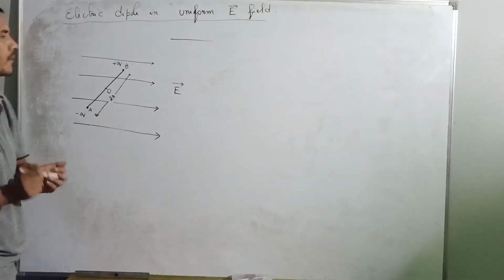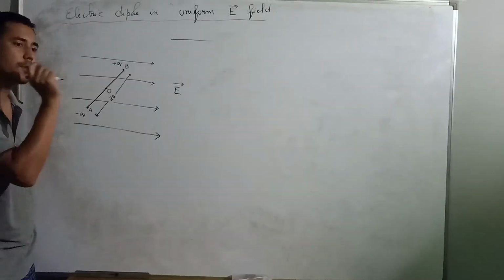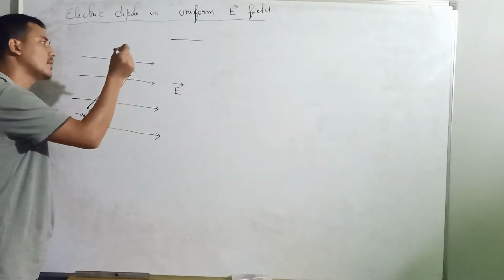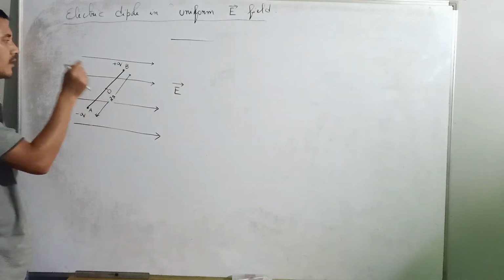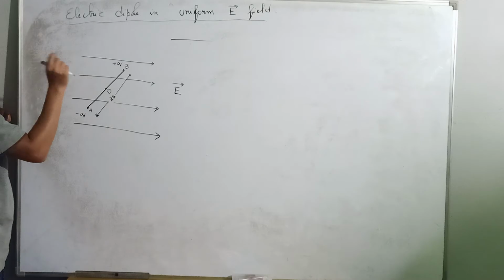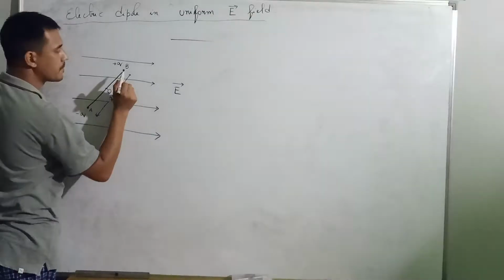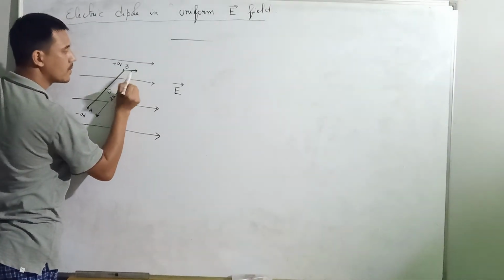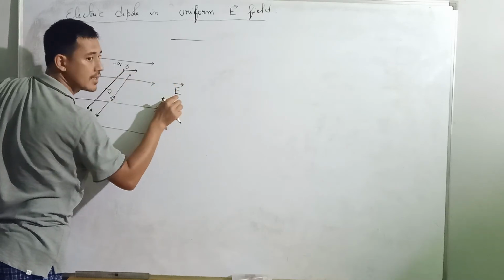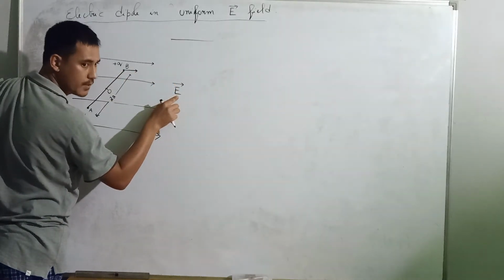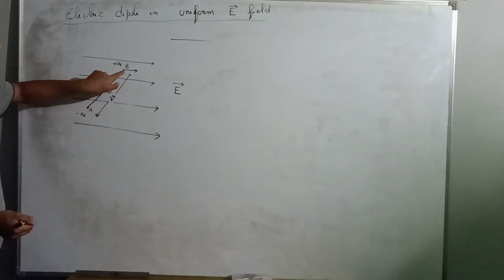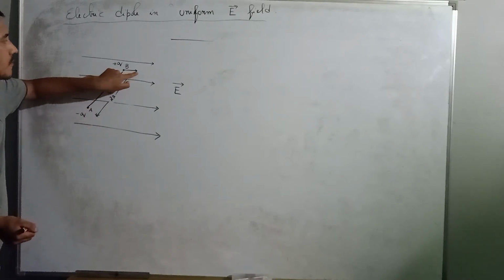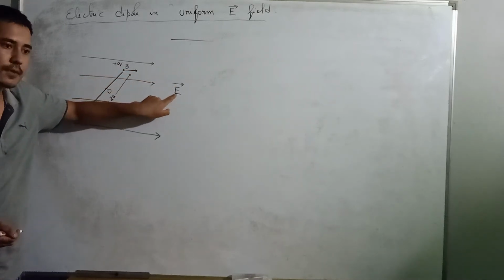Now, if you place a positive charge in an electric field, it will go along the direction of this electric field E. When you place a positive charge in a uniform electric field, the positive charge will move along the direction of the given field.